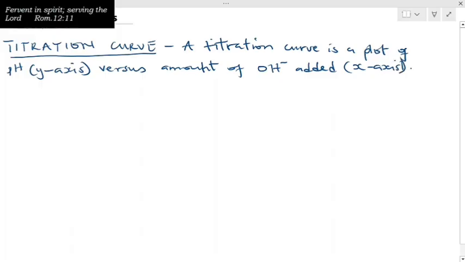Below, we'll quickly look at how the titration curve looks.